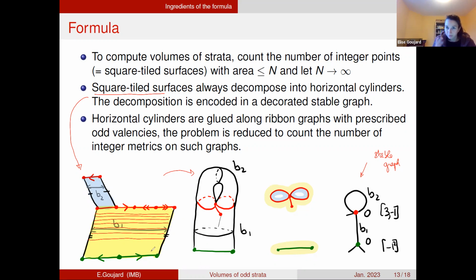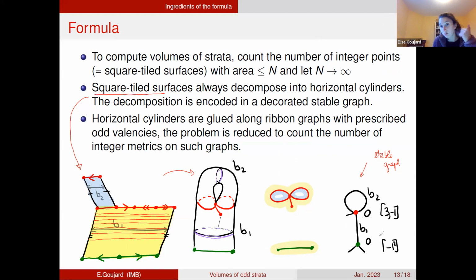It's almost a flat picture, but I hope that it's kind of clear. Here you see the yellow cylinder, which is glued to itself here like this. And here, this is the blue cylinder, which is glued to the yellow one. So one way to define the stable graph is just to pinch the waist curve of the cylinders. So pinch this curve. Then you get a stable curve.